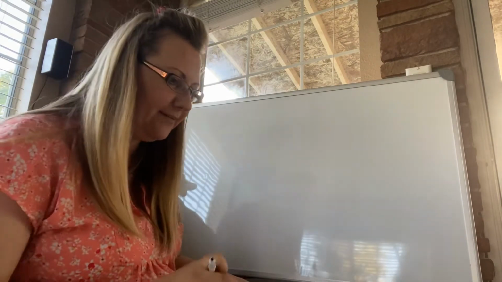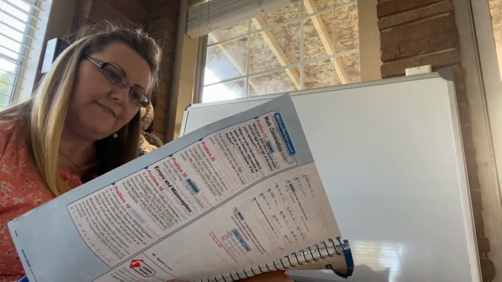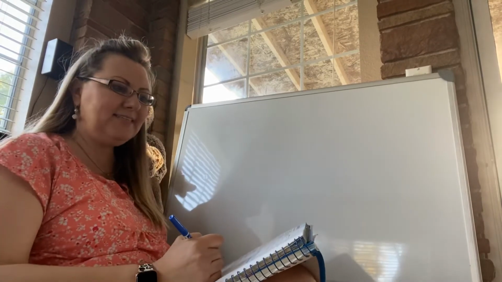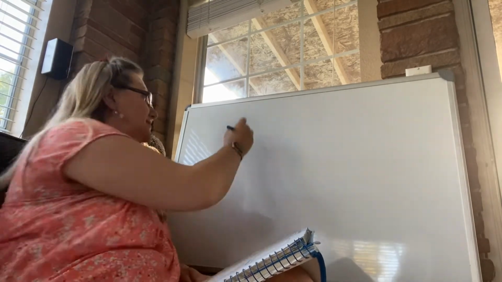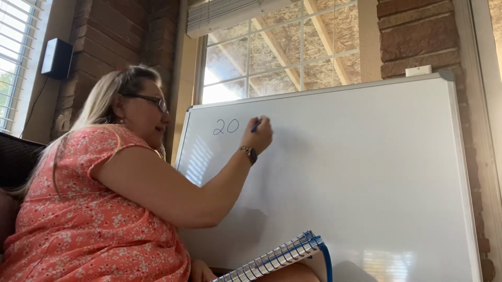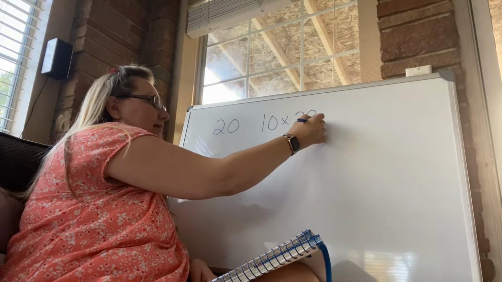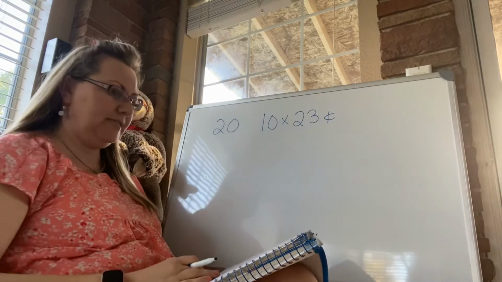Nope, not number 11, I'm sorry. Number 20 looks like is our next star problem after number 11. Yes, so number 20, which says 10 times 23 cents. What do we do?